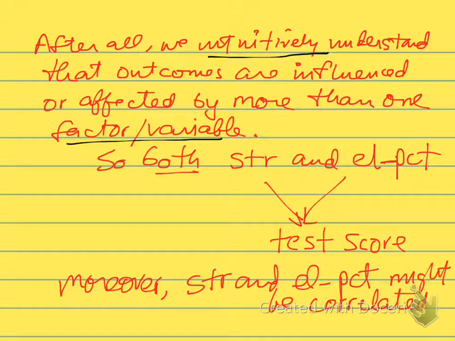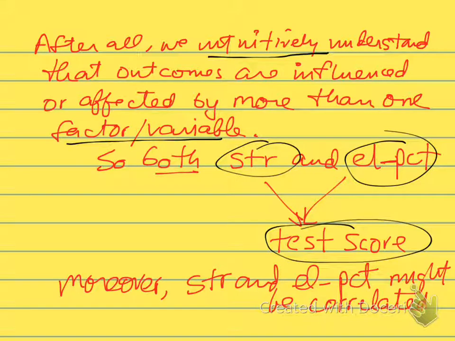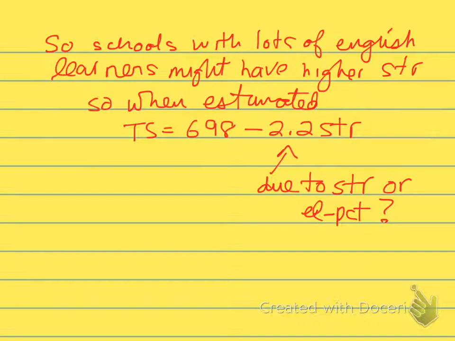So it's not hard for us to imagine that both the student-teacher ratio and the English language learners in the school district are determinants of the test score. And we also understand that the student-teacher ratio and the English language learners might be correlated. And schools with lots of English language learners might have higher student-teacher ratios.